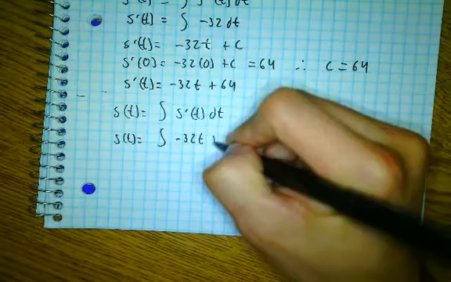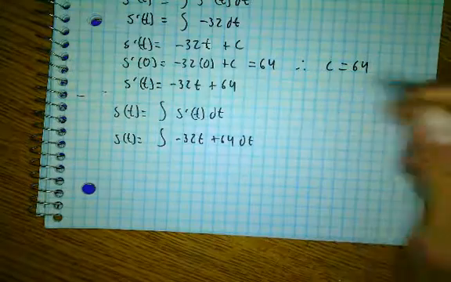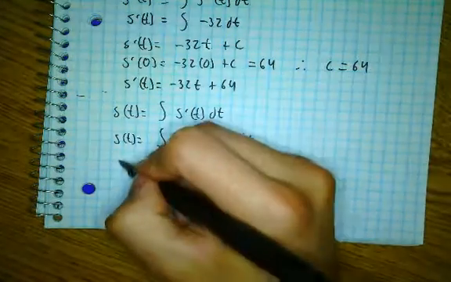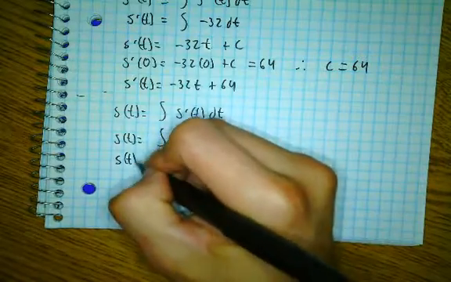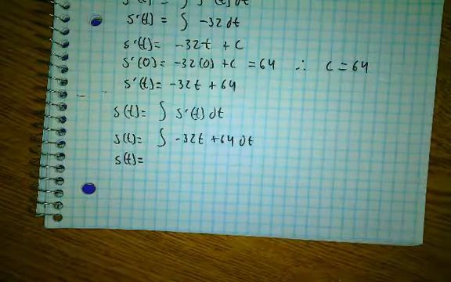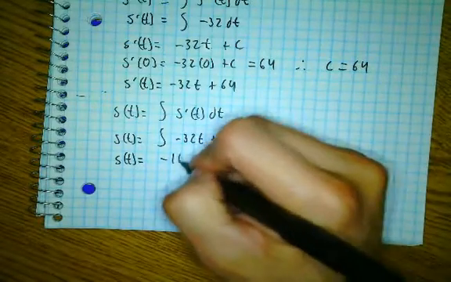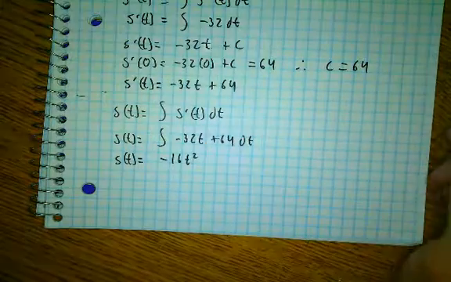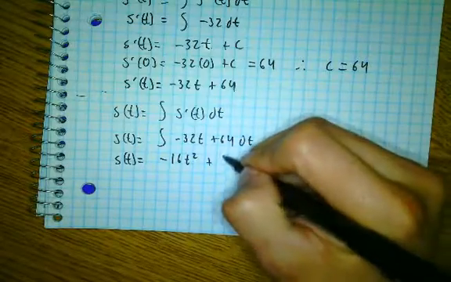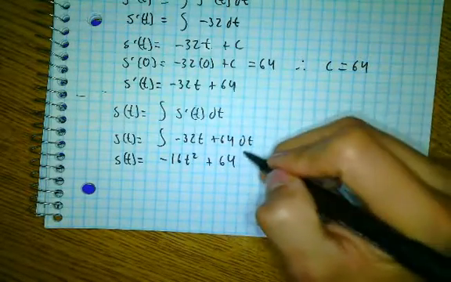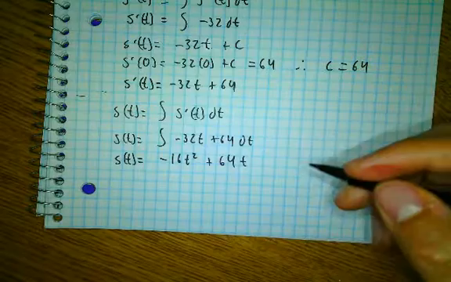Well, we know that the position at time 0 is what? According to this problem, it is 80. So s of 0 will be negative 16 times 0 squared plus 64 times 0 plus c equals 80. Therefore, c is 80. Agreed?